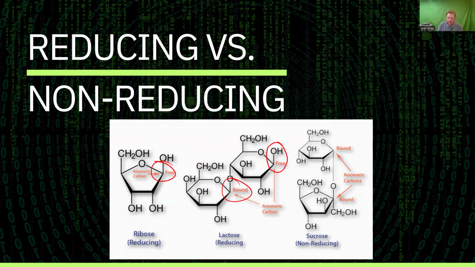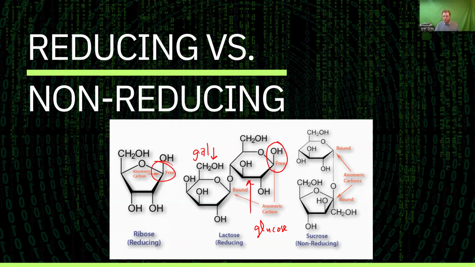This would be a free anomeric carbon. Remember, when you're looking for an anomeric carbon, you're translating that linear structure to the cyclic structure, and your anomeric carbon is the new chiral center. So here we've got lactose, which is a dimer of galactose right here, and glucose right here.